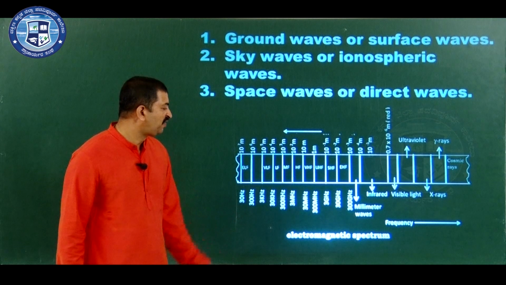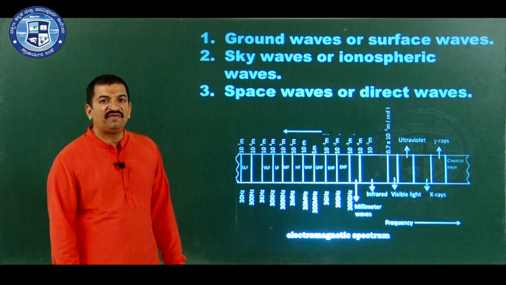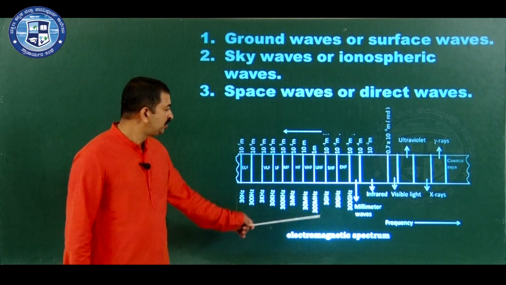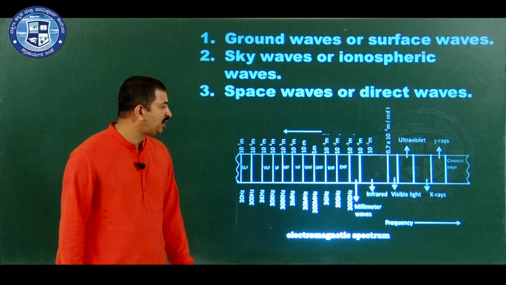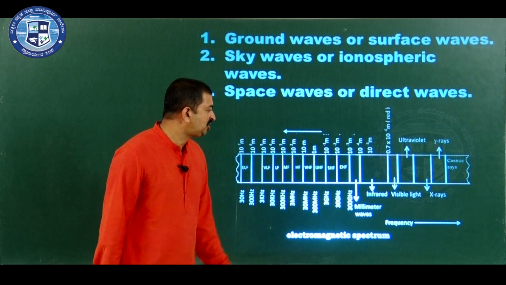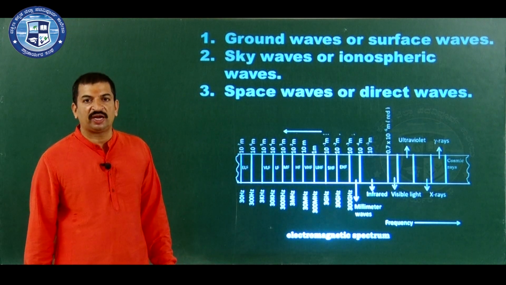UHF or ultra high frequency, 300 megahertz to 3 gigahertz. And then SHF, super high frequency signal, 3 gigahertz to 30 gigahertz. And then extremely high frequency, 30 gigahertz to 300 gigahertz. And then we have the infrared radiations, the visible spectrum, and the X-rays and cosmic rays.